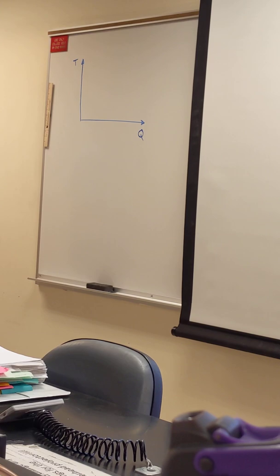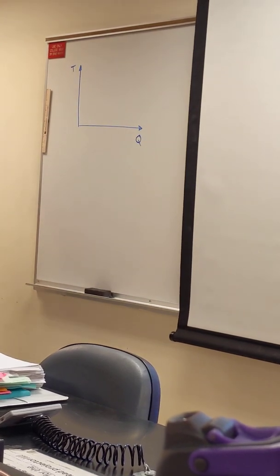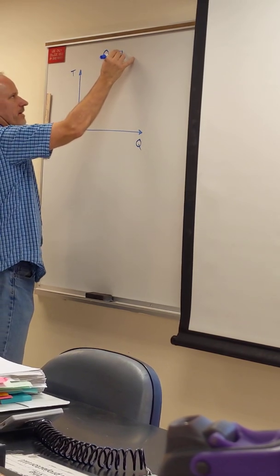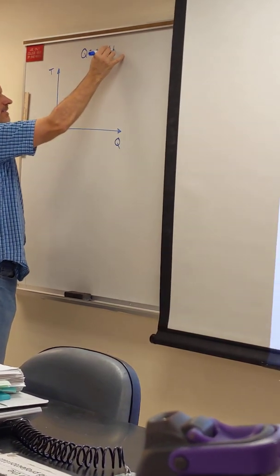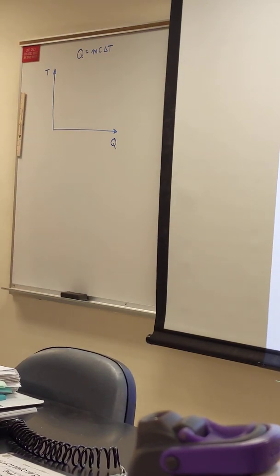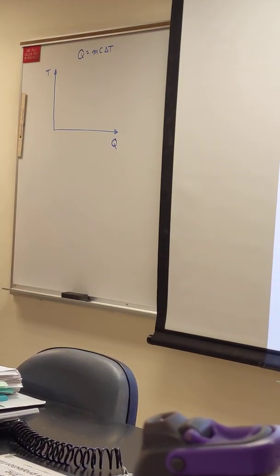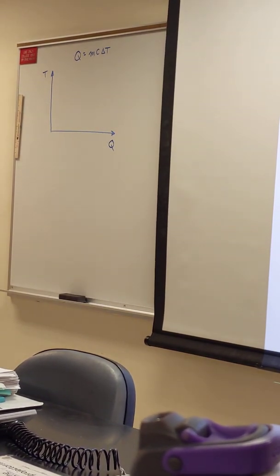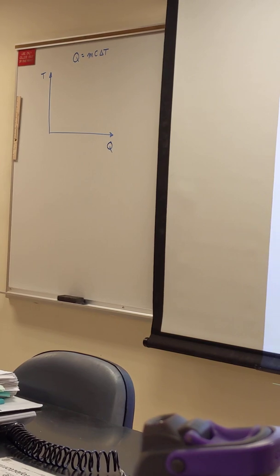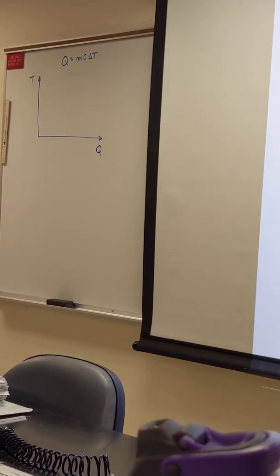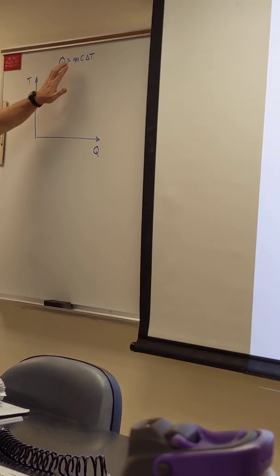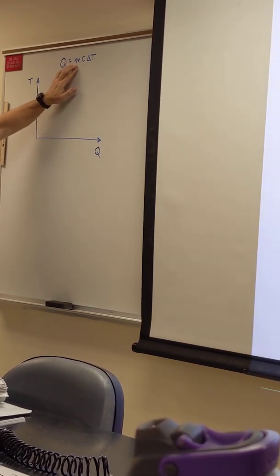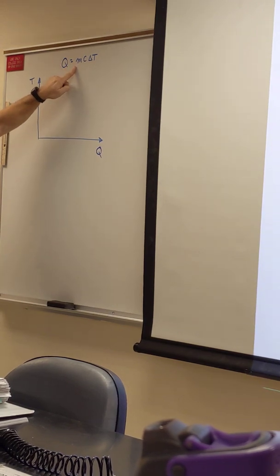All right? It's kind of important that we recognize this because we just talked about Q equals MC delta T, didn't we? And I want you guys to go back to pre-kindergarten when you talked about dependent and independent variables. You remember? In this equation, what is my dependent variable?